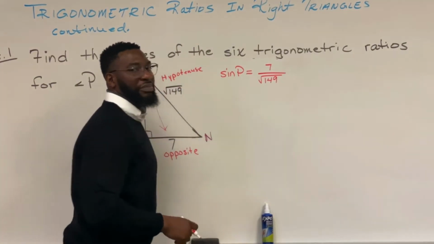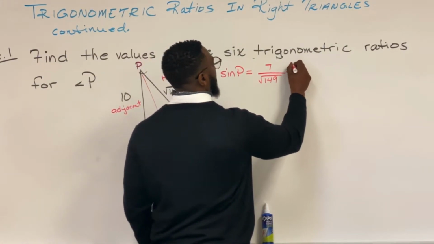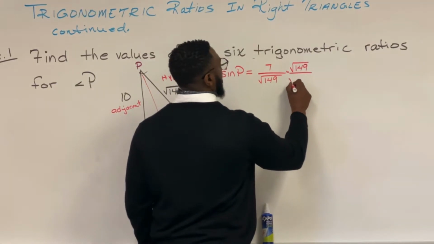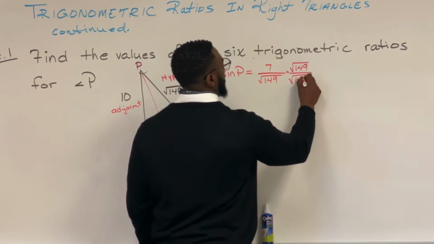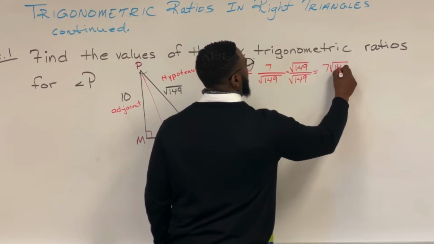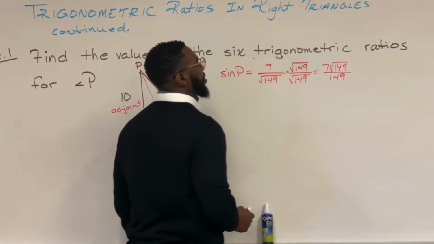The radical can't be in the denominator, so we multiply, and your answer is 7 square root of 149 over 149.